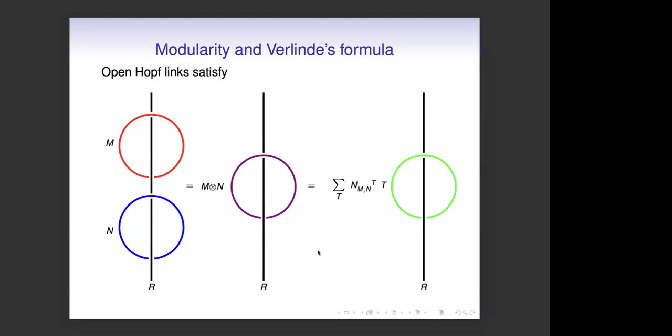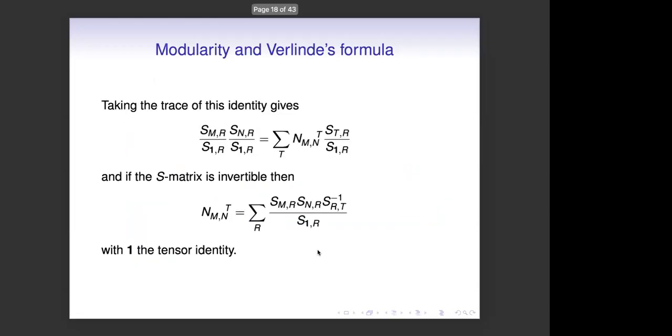First of all, this statement can be rephrased: open Hopf links define one-dimensional representations of the fusion ring on irreducible objects. But now if I close this formula, the left and the right, I immediately get the formula that is given here.